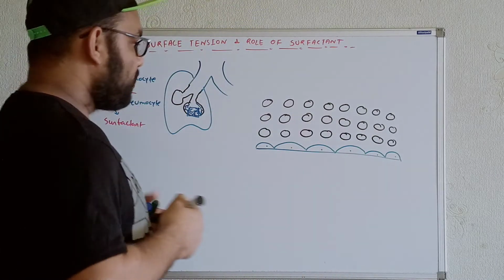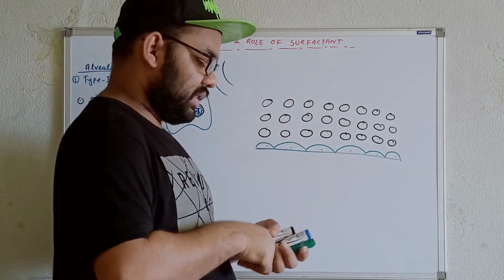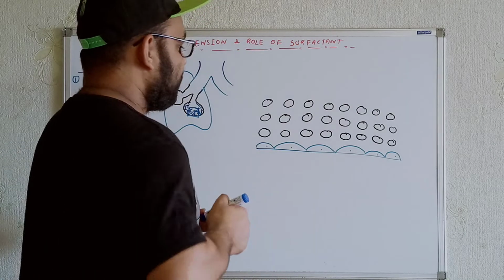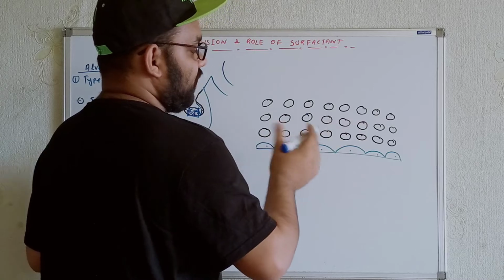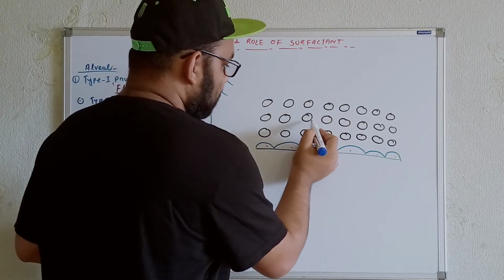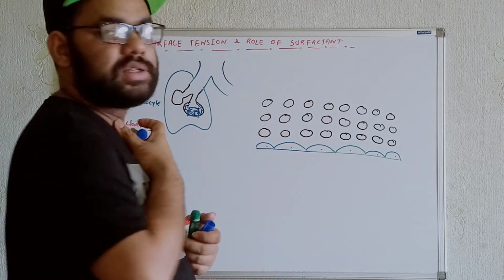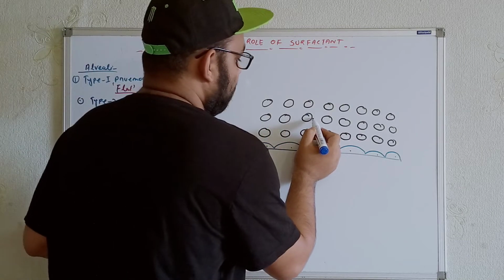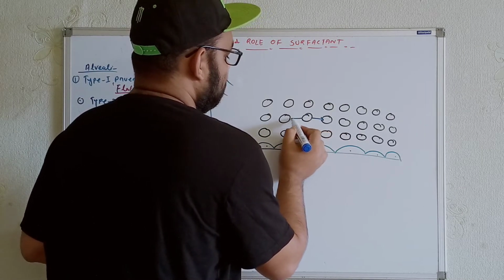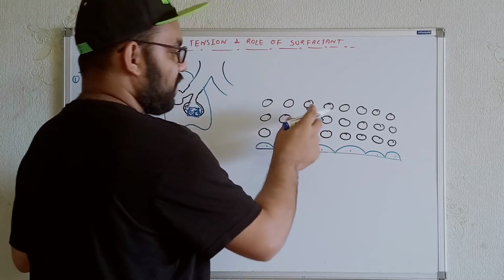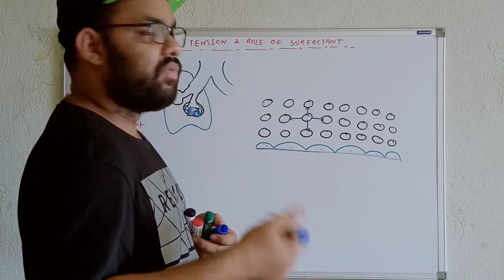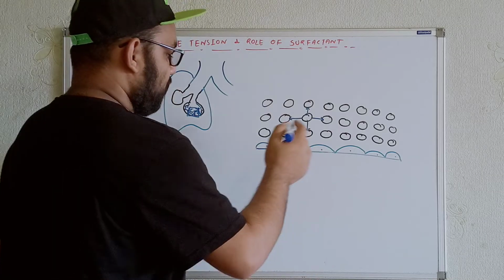Now see, these are the water layers, the fluid layers over here. Now if we talk about any of the water molecules, for example this one in the bottom layers, then because of the properties of water, this molecule will be attracted by these ones, and by these ones. So the water molecule is attracted equally from all directions.